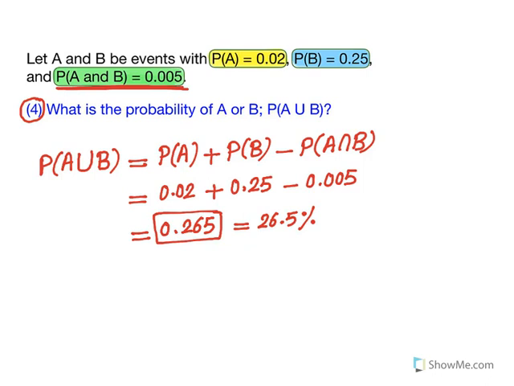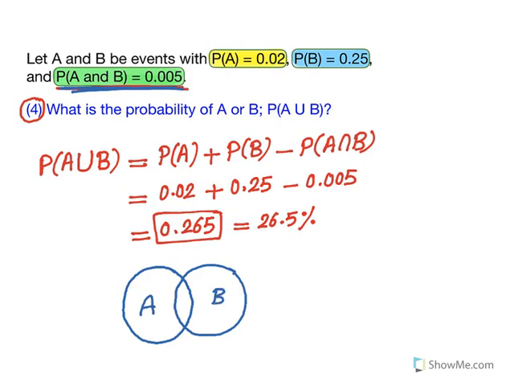So I want you just to understand the picture now. So A and B, in this case, because the probability of A and B is not zero, you can conclude that A and B have an intersection. So this is A and this is B, and there is some intersection between the two. Some intersection here.